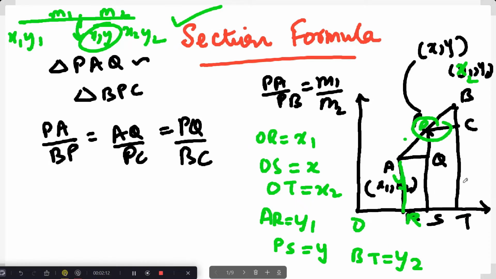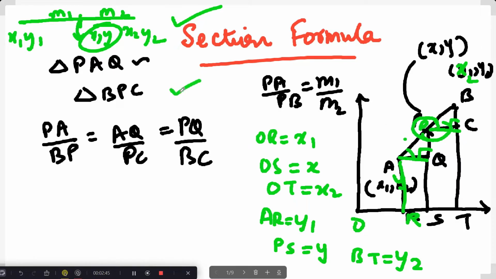Very obvious, self-explanatory. Now what we have also done is we have drawn certain lines perpendicular on these points. If you look at these two triangles PAQ and BPC, this angle is equal, 90 degrees. What else is there? These lines are also parallel, right? This line is parallel to this one, so all these angles will be equal. So triangle PAQ and BPC are similar.